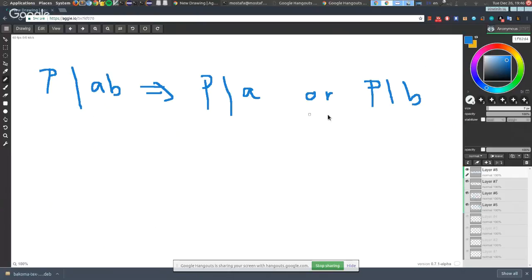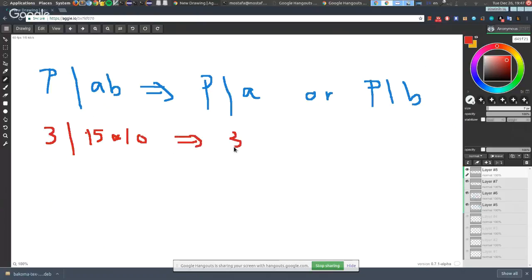Here the or is inclusive, meaning both conditions could be true. For example, 3 divides 15 times 10.